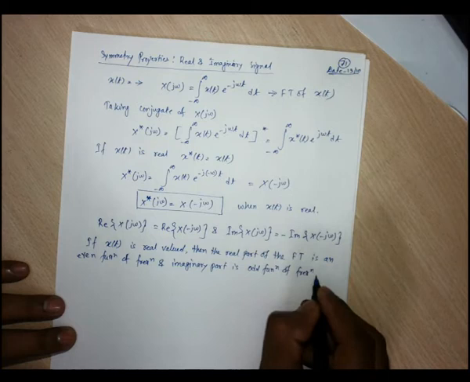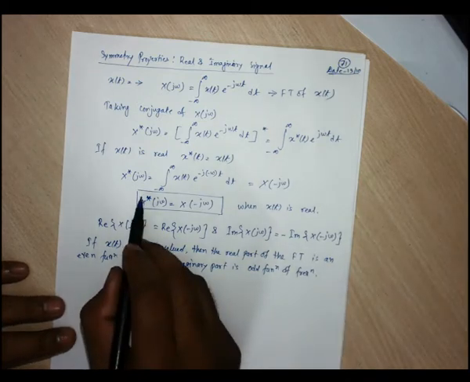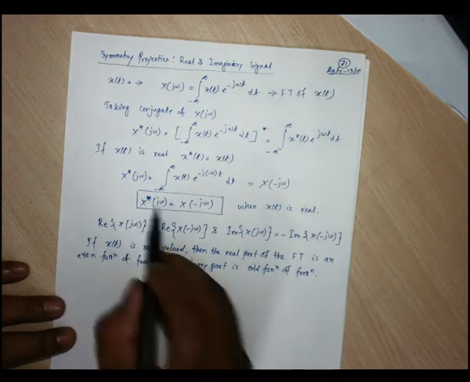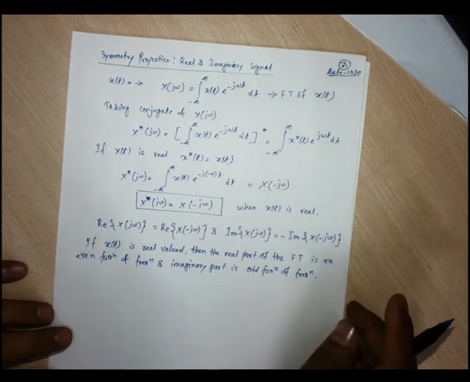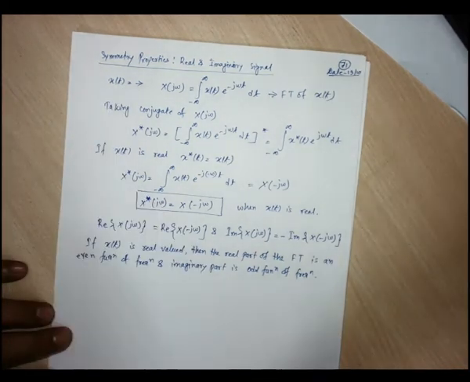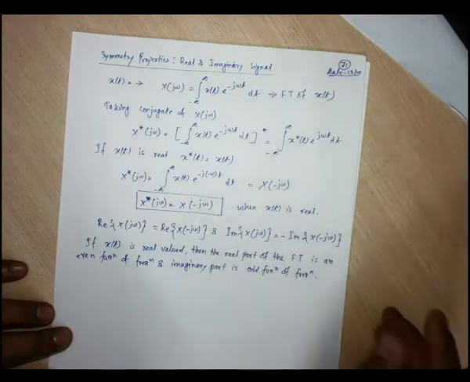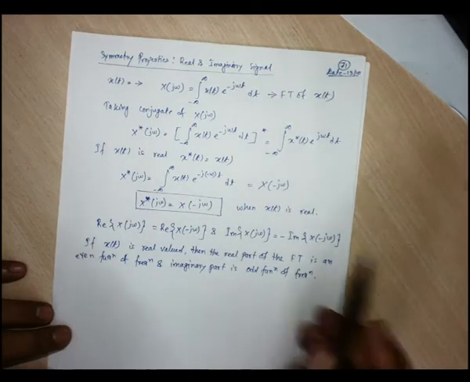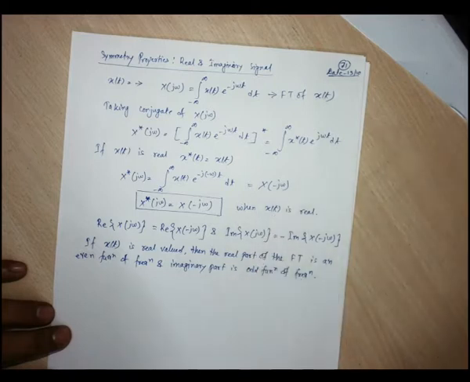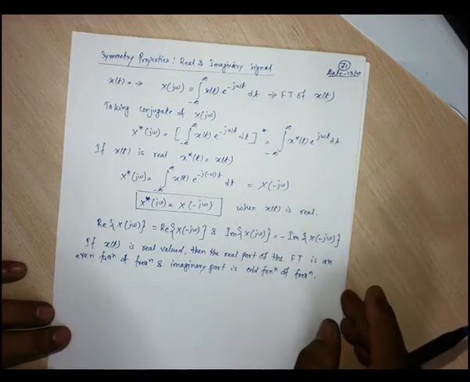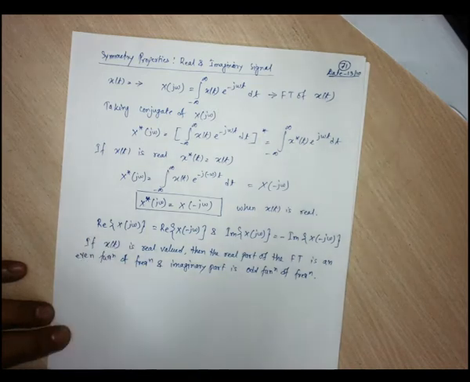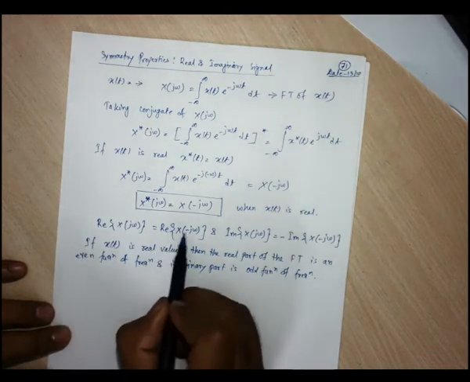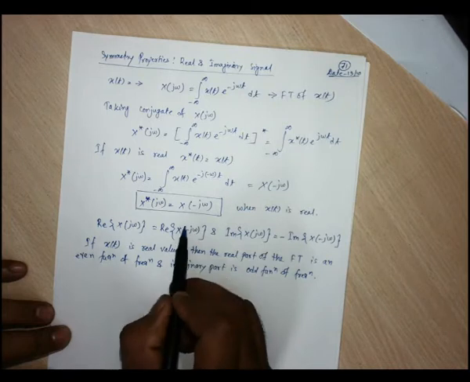Why? Because we have proved that the conjugate of x of j omega, that is the Fourier transform of the given x(t) signal, comes out as x of minus j omega, when we consider x(t) a real valued function. So if we take the real part of x of j omega, it is the same.